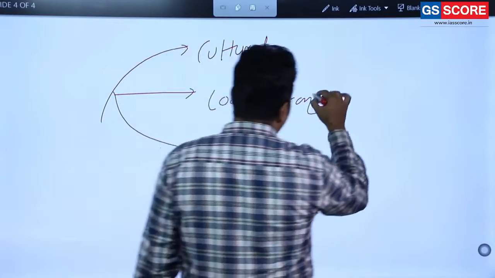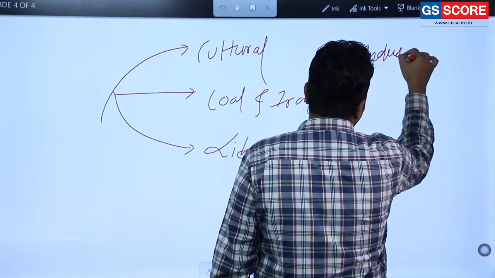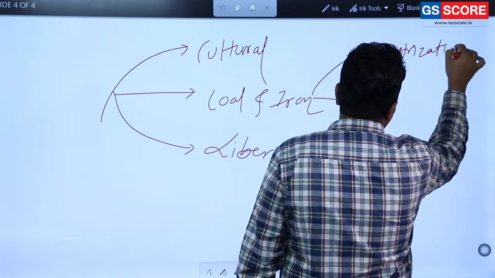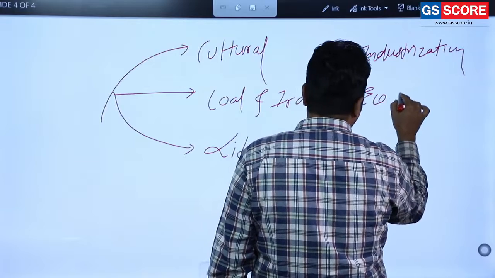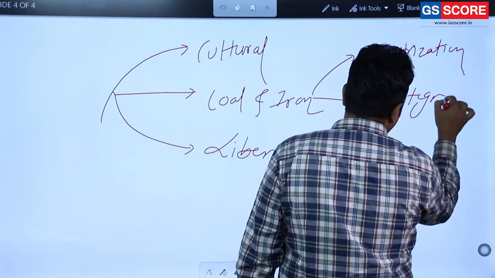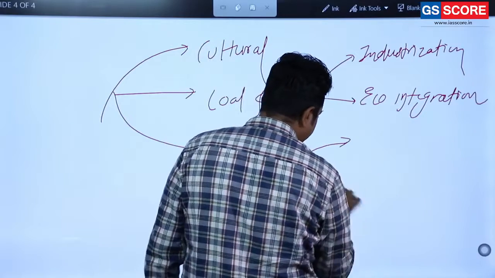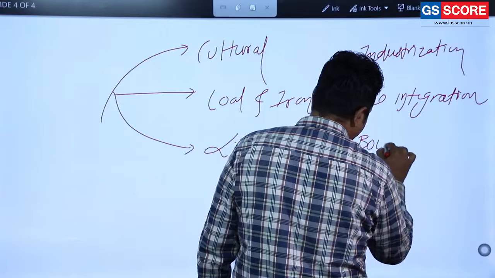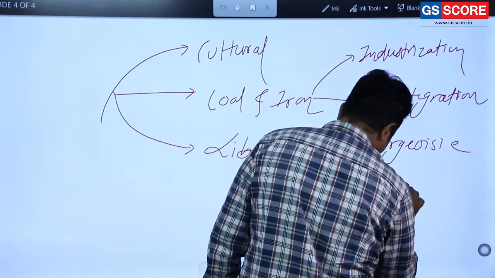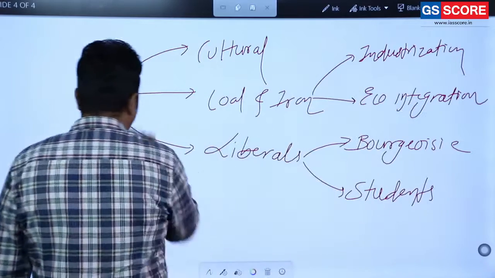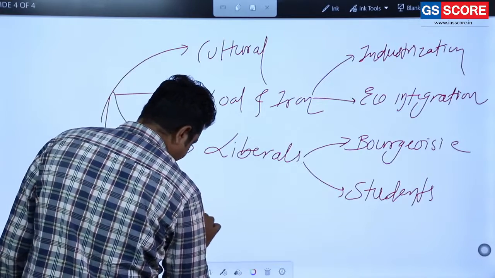In the forces of coal and iron, we can mention industrialization, then economic integration, etc. Liberals, bourgeois and students, and the last thing, that is Bismarck.